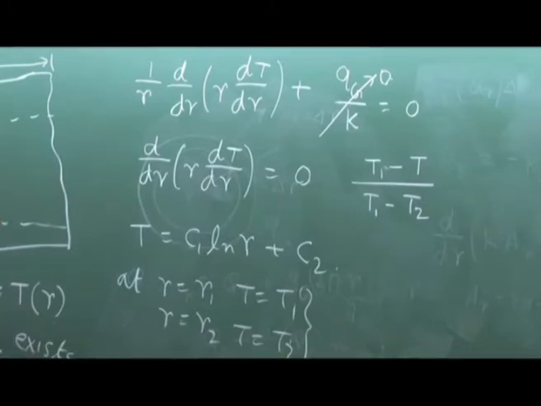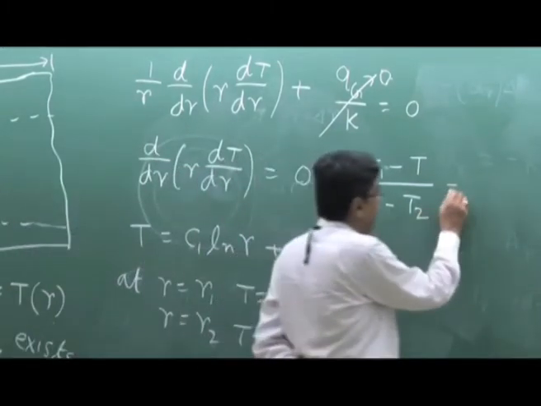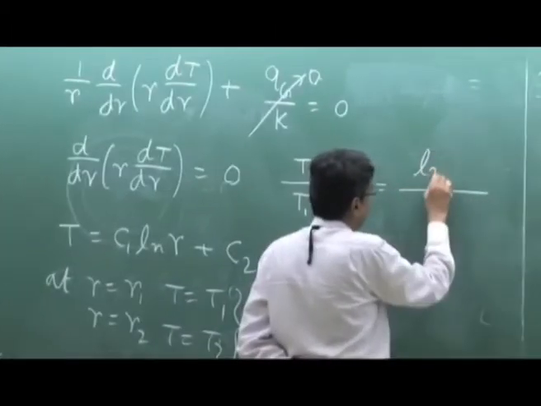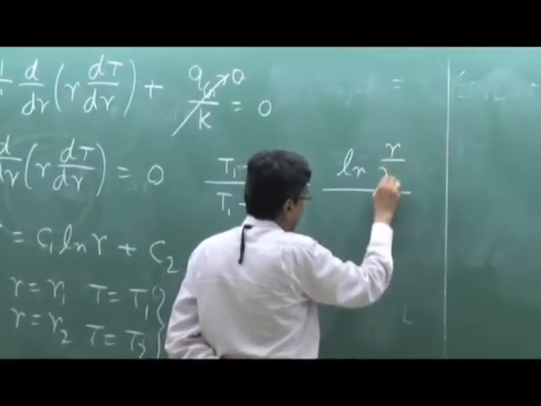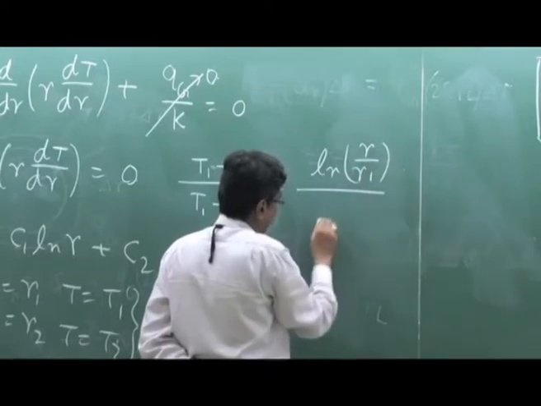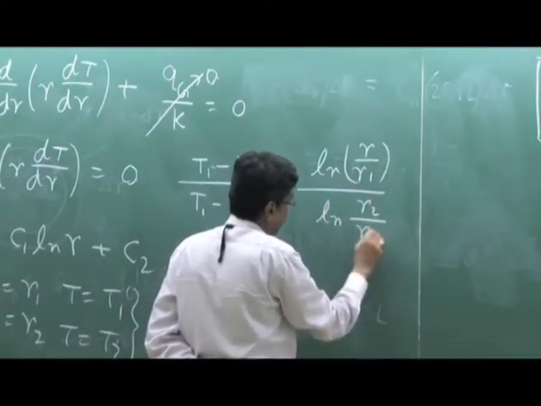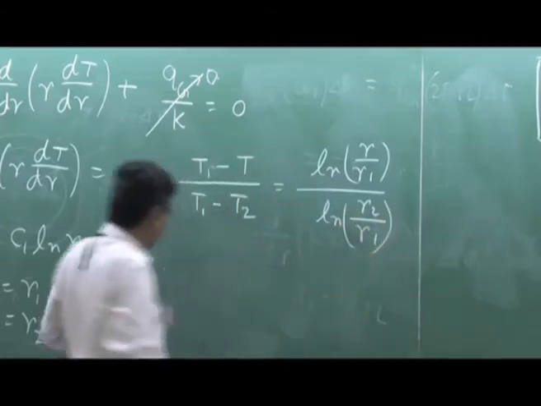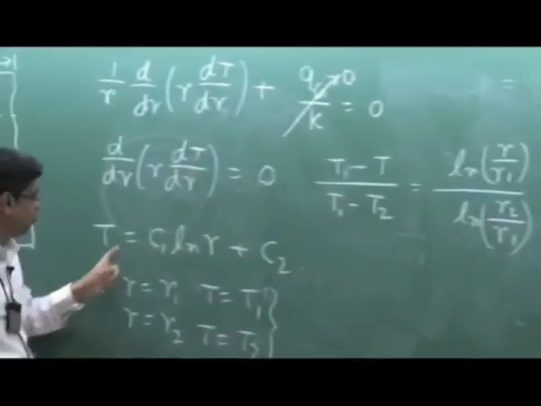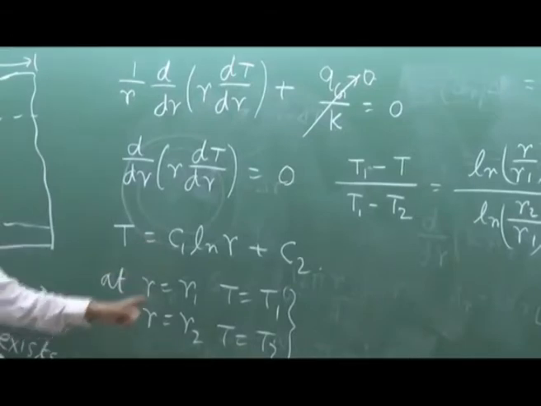where T1 is the inner surface temperature, which is higher than T2, equals ln r by r1 divided by ln r2 by r1. It is very simple: you substitute to find C1 and C2.